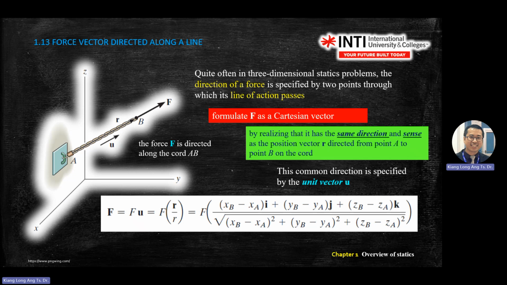Okay. Now, why we teach you this one is important, especially if you plan to work overseas, especially in Germany, European countries. They are heavily using vector in their analysis.